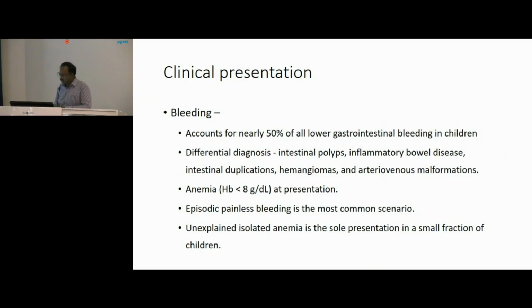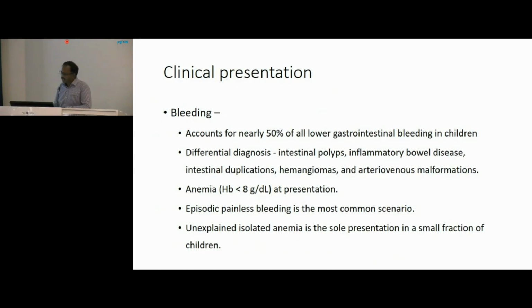About 50% of patients having lower GI bleed, Meckel's diverticulum may be the cause. Differential diagnoses of lower GI bleed include intestinal polyp, inflammatory bowel disease, duplication cyst, hemangiomas, and AV malformation. Usually the child presents with anemia, usually with hemoglobin less than 8, and the bleeding is painless, which is most common. Unexplained isolated anemia may be the sole presentation in a small fraction of children.